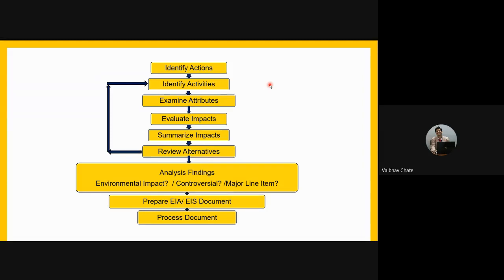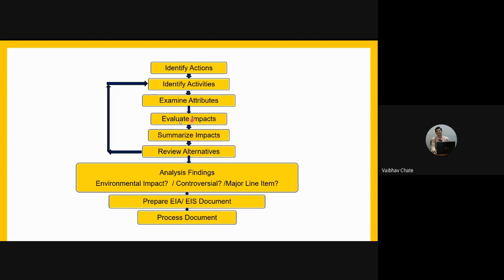Similarly, the design of the foundations can be changed. I can go for pile foundation or I can go for raft footings. Or instead of having the site at A, we can have the site at B. So what are going to be the changes in the impacts?